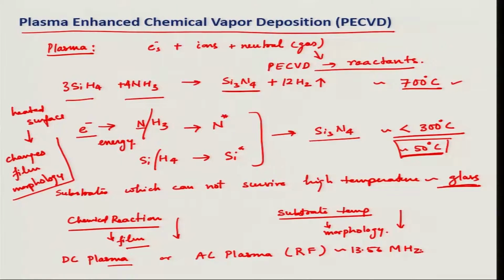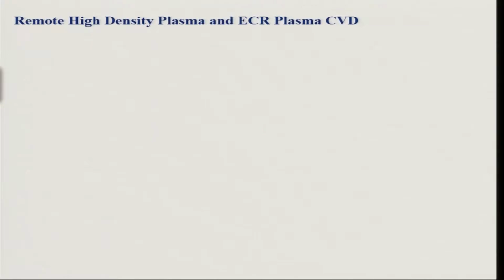The reactor design remains very much the same, okay. There are couple of additional things that are included in PECVD if you do not want plasma to interact with your thin film, okay. So in those cases we use either remote high density plasma or ECR plasma for chemical vapor deposition.